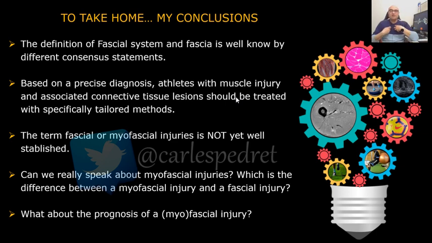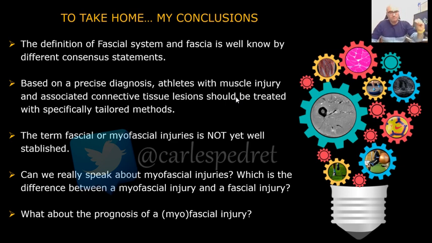And my conclusions of this article are that the definition of fascial system and fascia is really well known by different consensus statements, in a histological way or in a system way. But it is also important to know, and it's explained in every one of these articles, that a precise diagnosis is absolutely necessary.